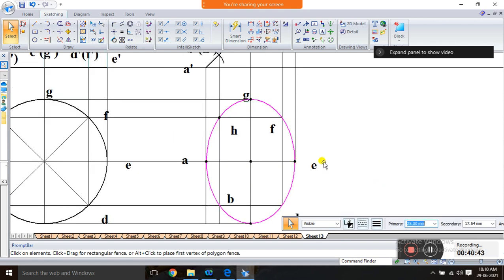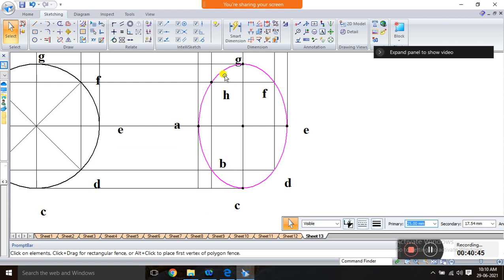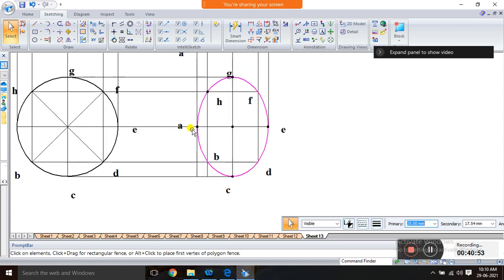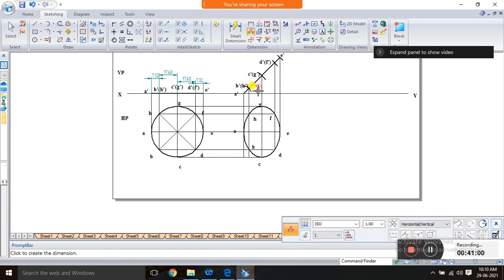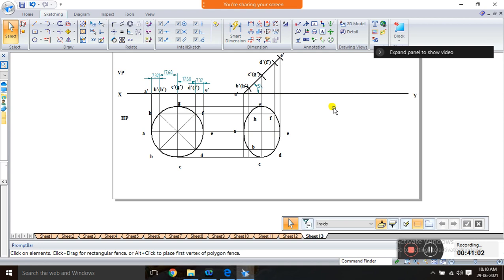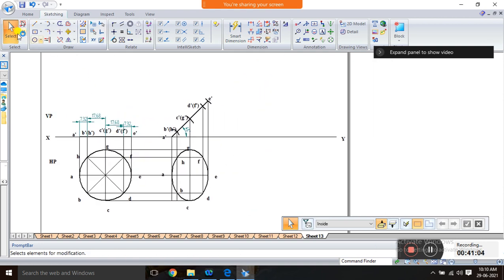Use the curve and join from A to B, B to C, C to D, D to E, E to F, F to G, G to H, and H to A. Like this you have to join. So if you see a circle, by tilting at an angle of 45 degree, it will look like an ellipse. Okay, it's the second position. And come to the third position.